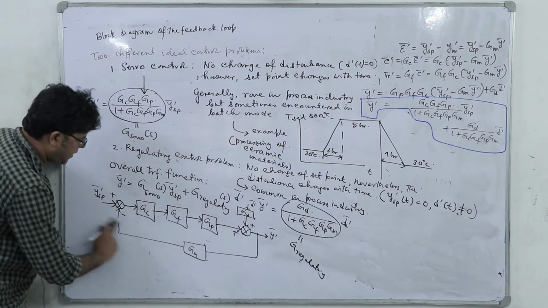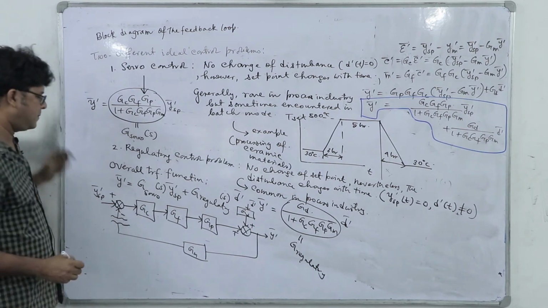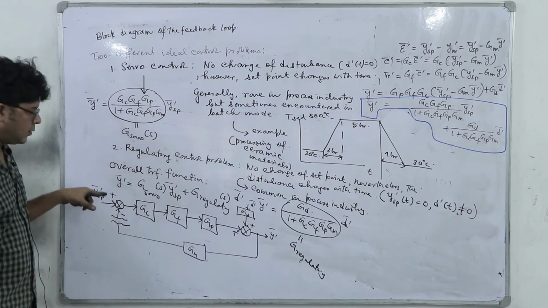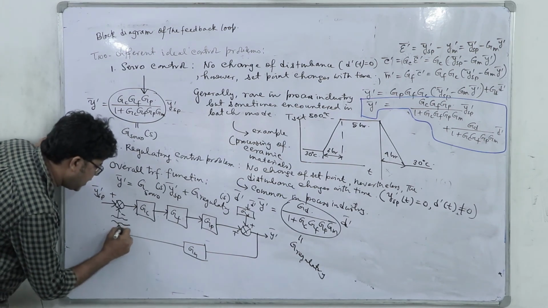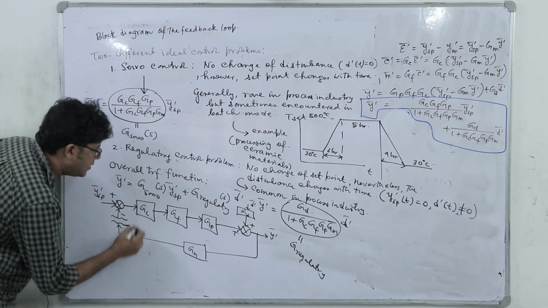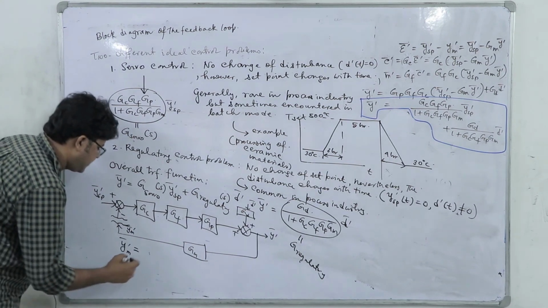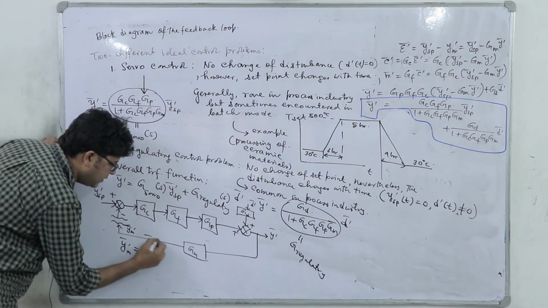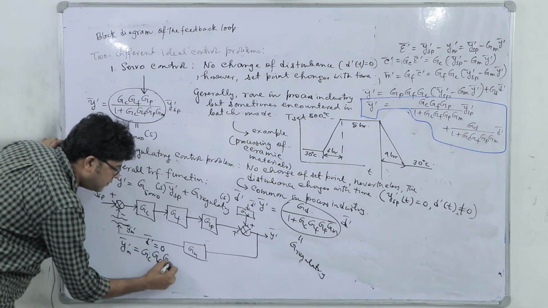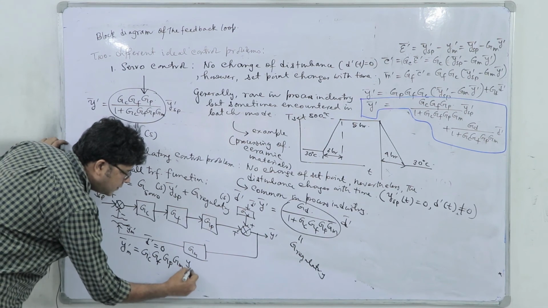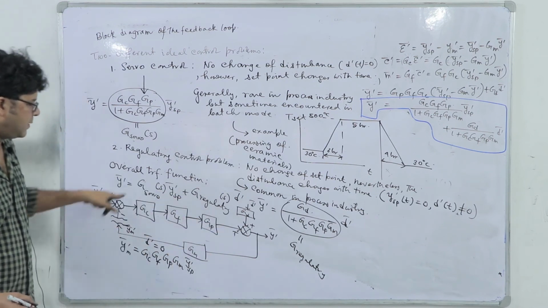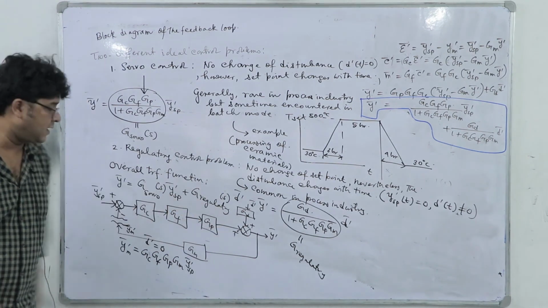Now you see, if I simply open this loop, here we have Ym prime. How is it related to Ysp? In case of disturbance equal to 0, d prime bar equal to 0, Ym prime will be equal to Gc into Gf into Gp into Gm into Ysp prime bar. Right. Product of all the transfer functions of the blocks inside the loop; Gd is outside.